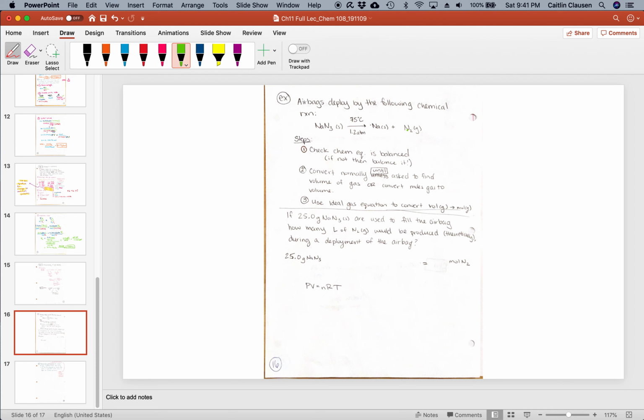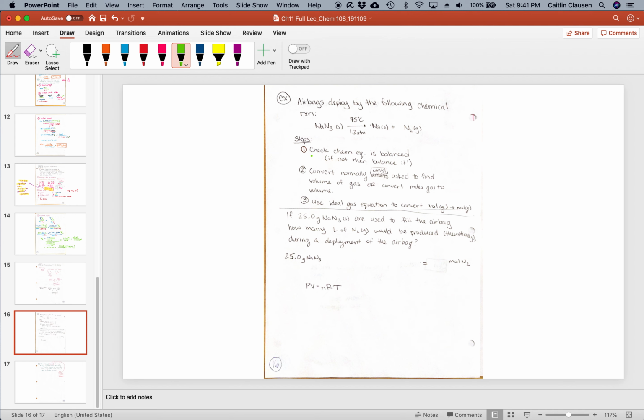And so the airbag fills with nitrogen gas, and that's what protects you from getting concussions or worse in a car crash. The sodium solid is that white powder that comes out. But anyways, moving away from the interesting inner workings of your airbags, knowing this balanced chemical equation, we could figure out this problem.